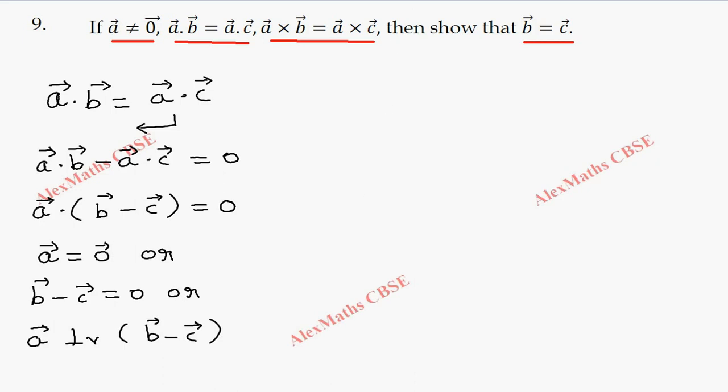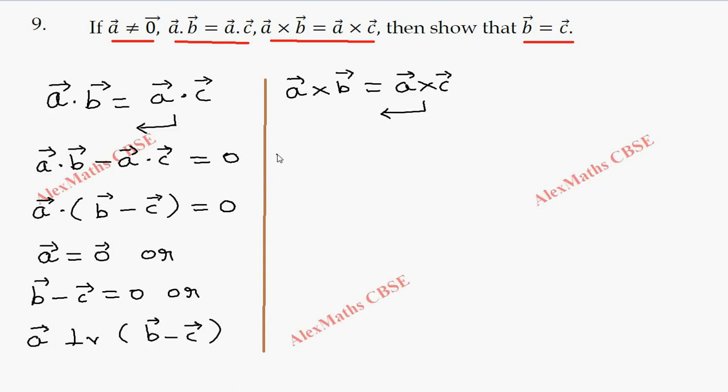In the same way, let us take the other condition, that is, a vector cross b vector equal to a vector cross c vector. Now taking this to the other side, a vector cross b vector minus a vector cross c vector equal to 0.